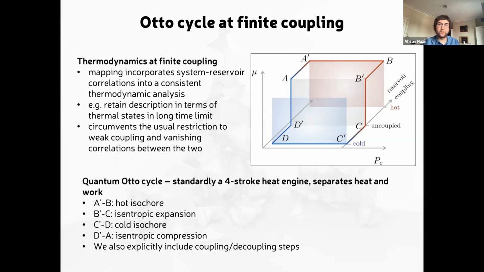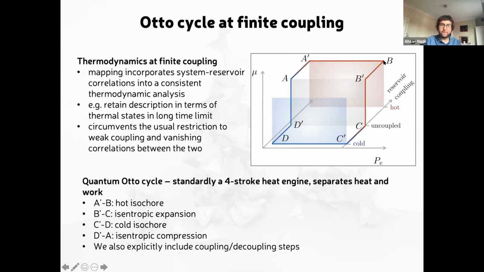contributions for strong coupling. So we start off, say, arbitrarily at this point A primed, where the system has just been coupled to the hot reservoir. The next stroke is a hot isochore, so the system evolves in contact with the hot reservoir, and there's some exchange of heat, or what we'll term heat anyway, for the purposes of the cycle.